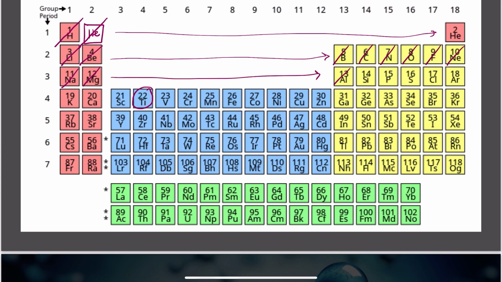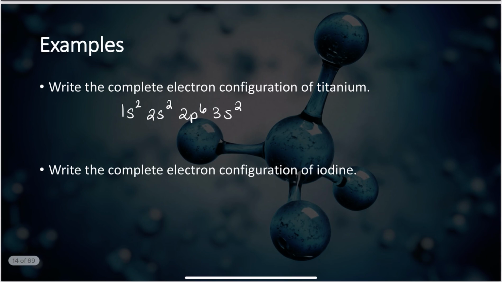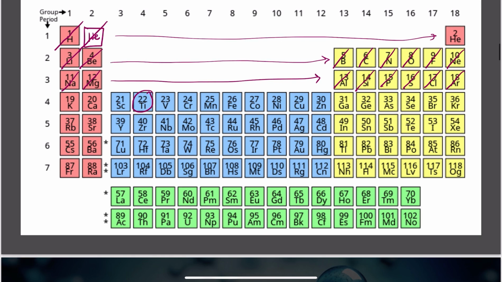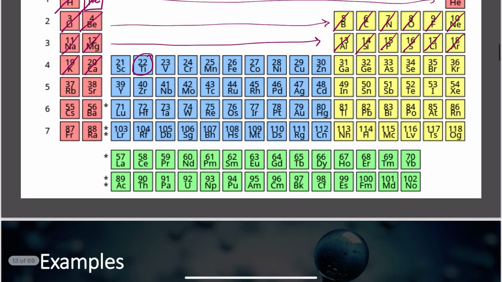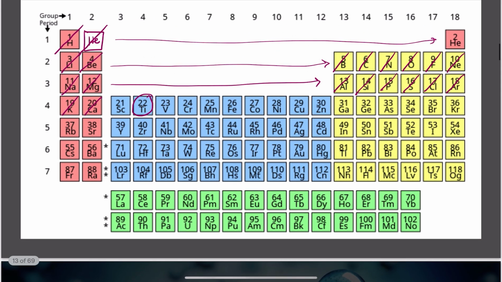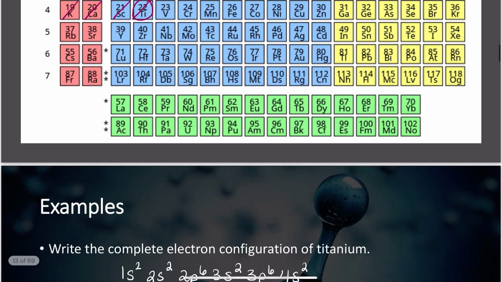Across the table, 3p1, 3p2, 3p3, 3p4, 3p5, 3p6. I'm getting closer, but not quite there. 4s1, 4s2. Now I'm in the d block, and I have to remember that this is 3d. 3d1, 3d2. And I have reached titanium.